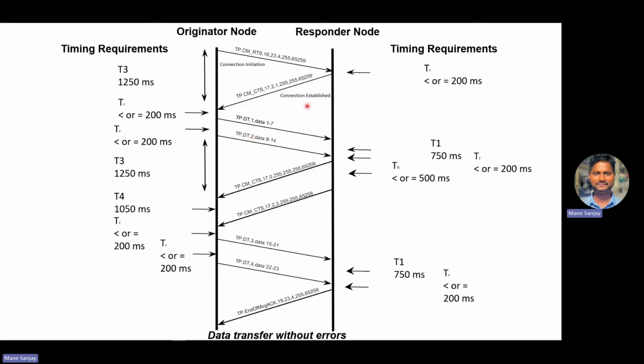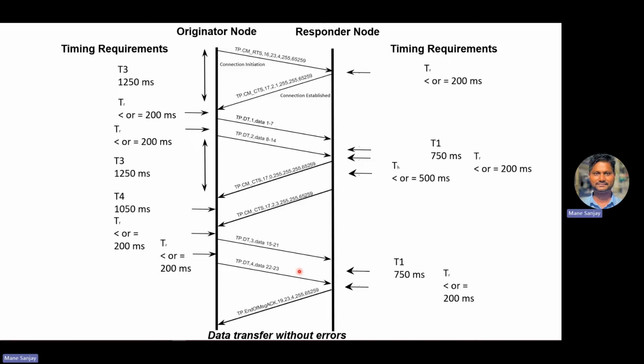To avoid that, this protocol is defined. It talks about the sequence number. If something goes wrong or some request happens, the originator node also knows how many packets are transmitted, how many have to be sent, and how many have been acknowledged. So everything is defined in the transfer protocol. So without any error, the 23 bytes of data are transmitted here.